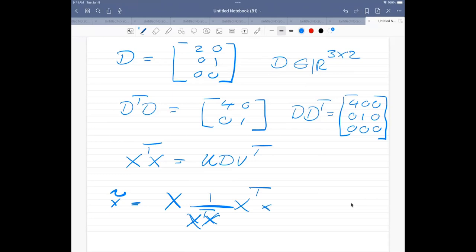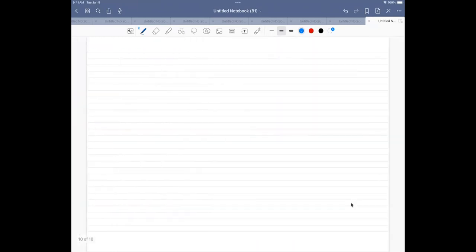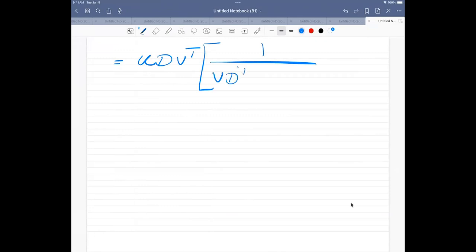So let's now just use the singular value decomposition and rewrite it. If we do that, we can rewrite this as the matrix U times D times V transpose. Then in the denominator I have V times D transpose times U transpose times U times D times V transpose.